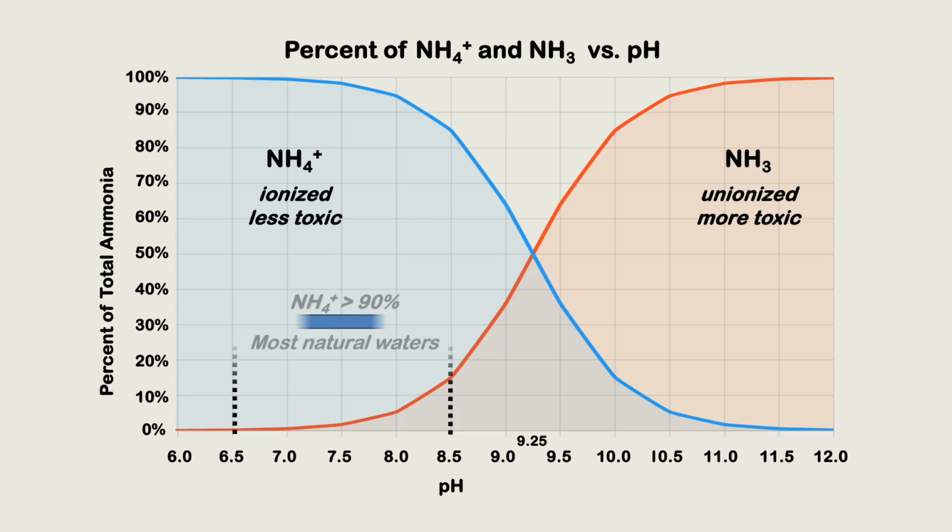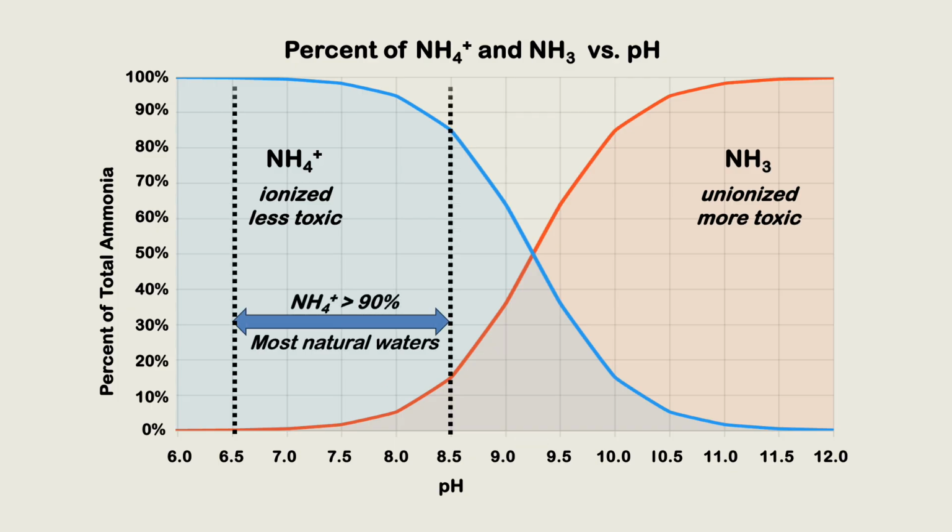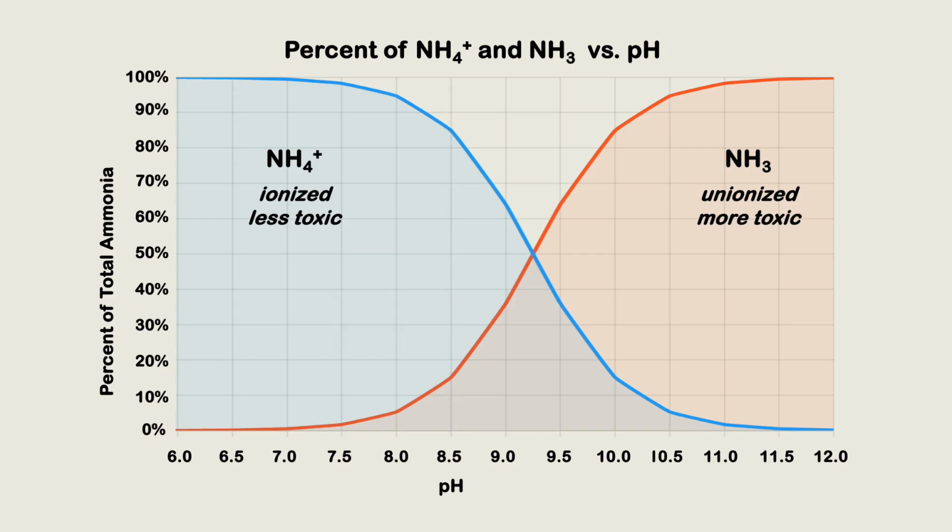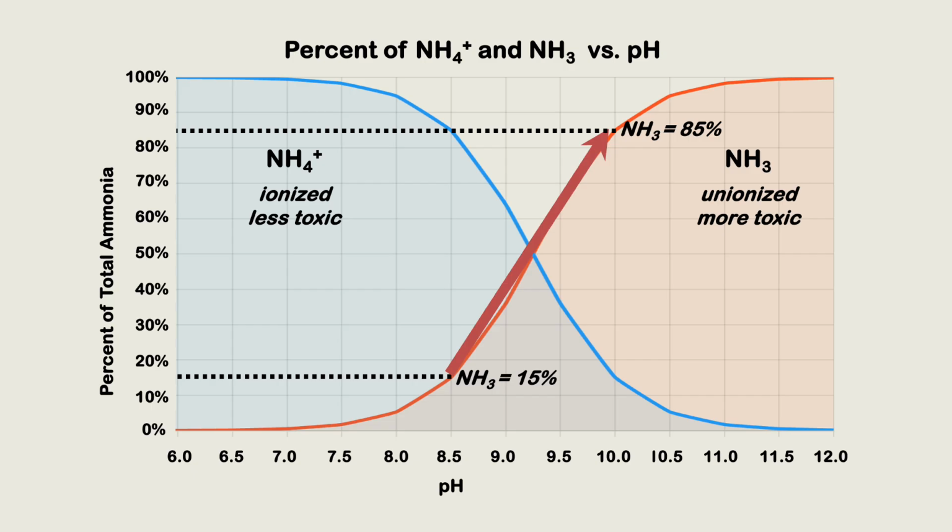Most natural waters maintain pH between 6.5 and 8.5, where the less toxic form, NH4+, comprises over 90% of total ammonia. But notice how rapidly the fraction of the more toxic form, NH3, increases from about 15% to over 80% when pH increases only 1.5 units, from 8.5 to 10.